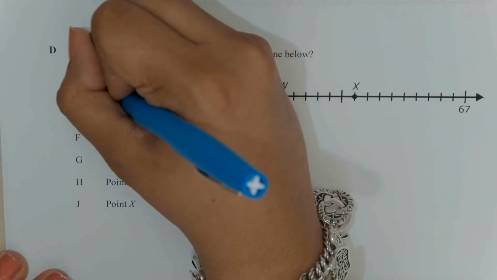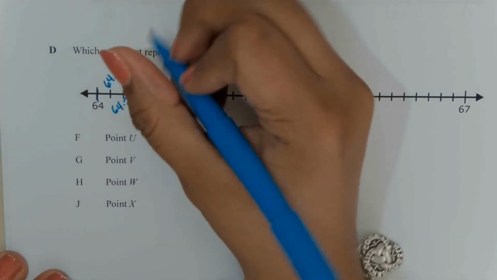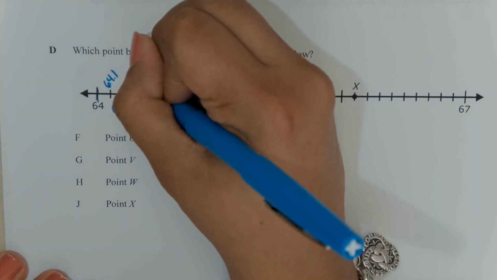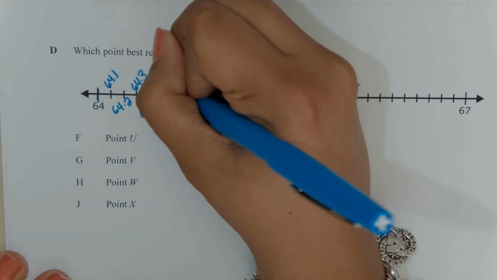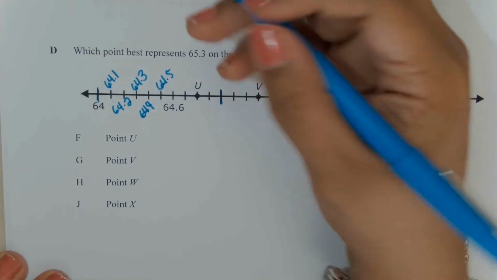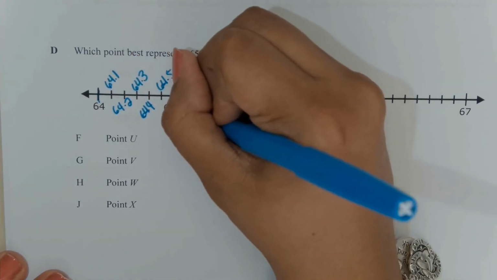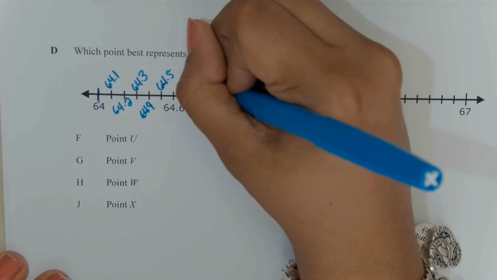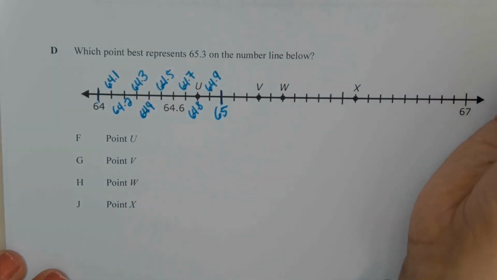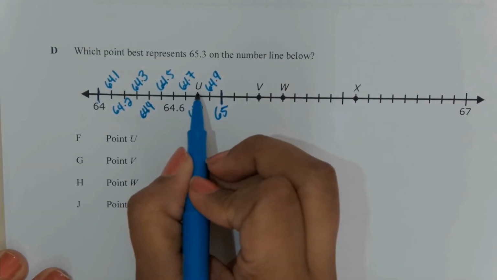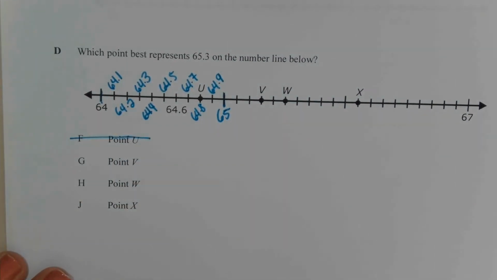So it should be 64 and 1/10, 64 and 2/10, 64 and 3/10, 64 and 4/10, 64 and 5/10, 64 and 6/10, 64 and 7/10, 64 and 8/10, 64 and 9/10. Lastly, we have 65. So I know U can't be my answer because it's not even past 65. So F is automatically out.